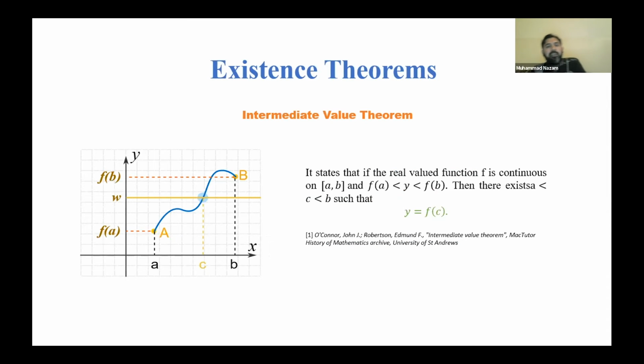Okay, a very famous theorem in calculus is the intermediate value theorem. It states that if the real valued function f is continuous on the closed interval [a, b] and there exists a number y which is between f(a) and f(b), then there exists a number c between a and b such that y is equal to f(c).